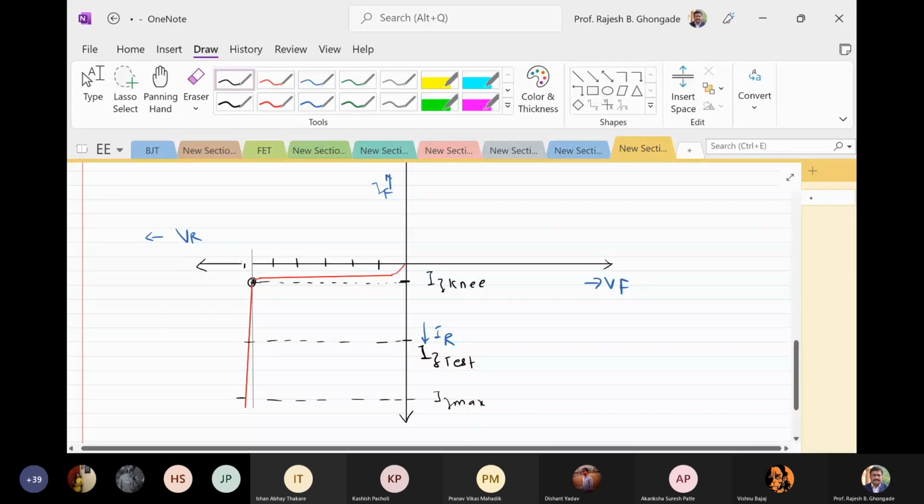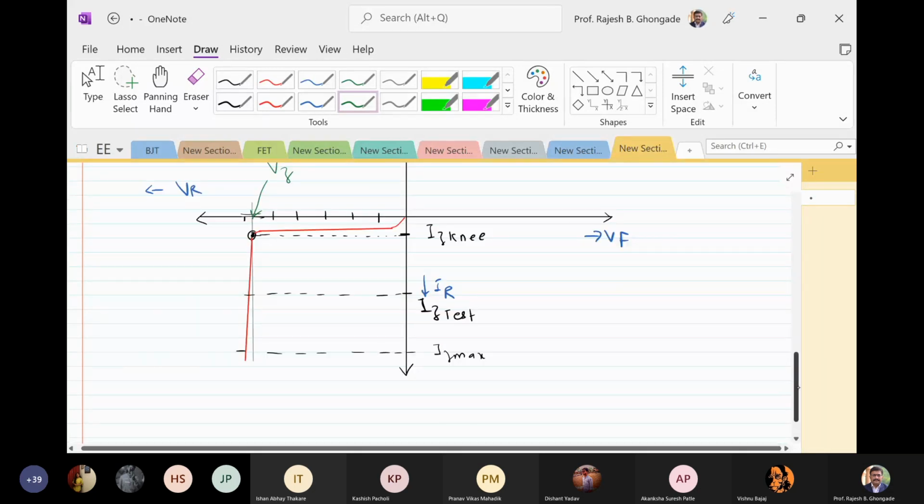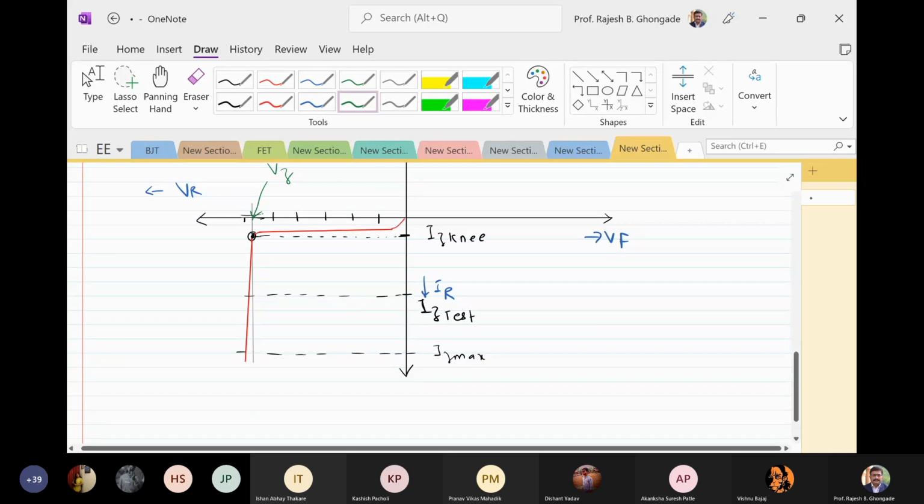First of all, the diode is to be used in the breakdown region.